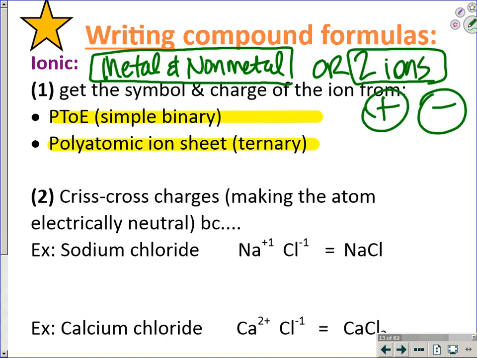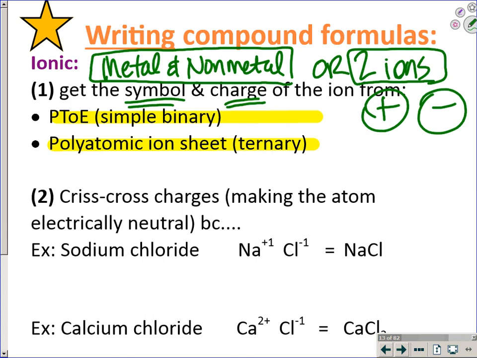So what you must do first when you're writing out the formula is get the symbol, and there are two places you would find it. PTOE, what's that mean? Periodic table of elements. From that symbol, look and see where it is in the periodic table and find the charge. How do I find the charges? Valence electrons. My pointer's at home, so I'm going to just point at the periodic table. Go in order.